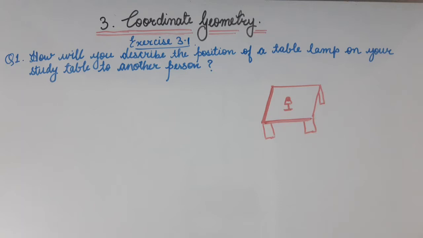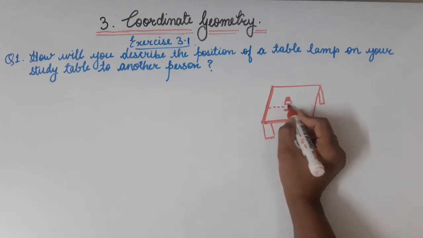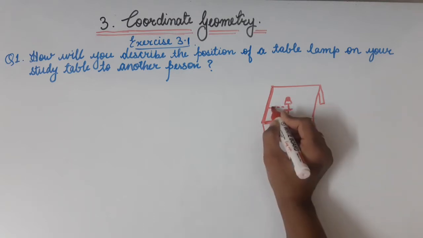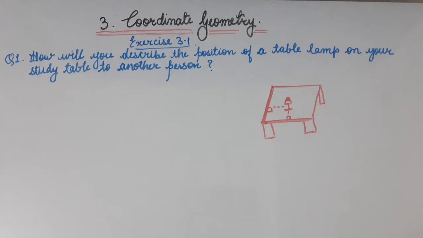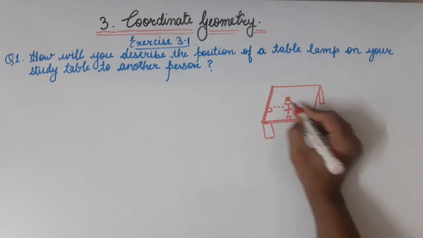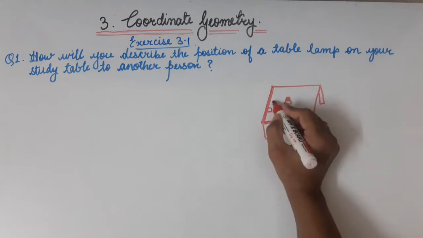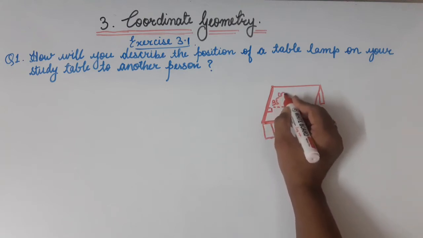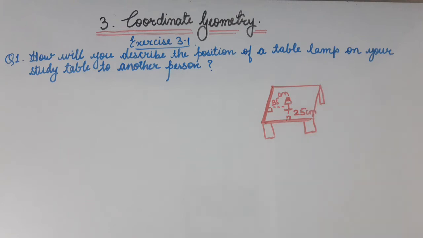Okay, now calculate the perpendicular distance of the lamp from each edge. Suppose this be 25 centimeters and this be say 35 centimeters. You can take any distance because here nothing is mentioned, so it doesn't matter.